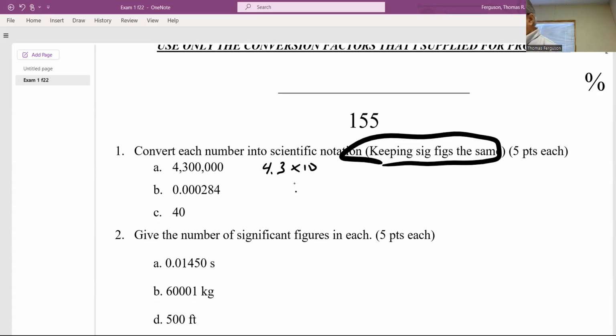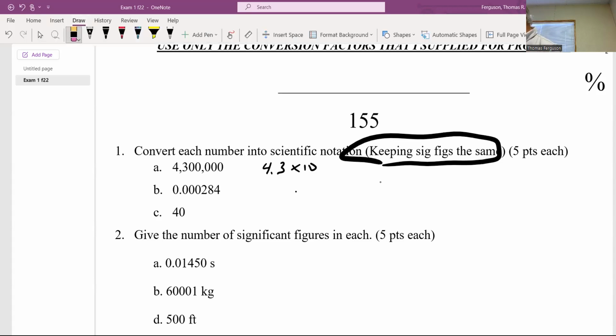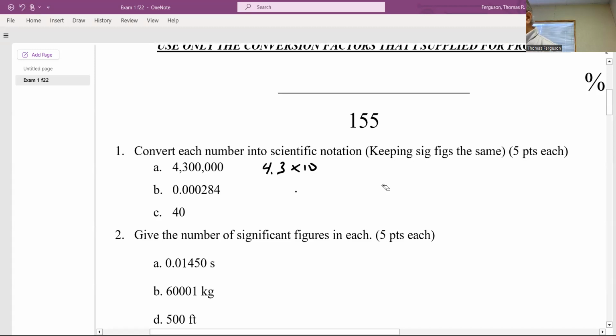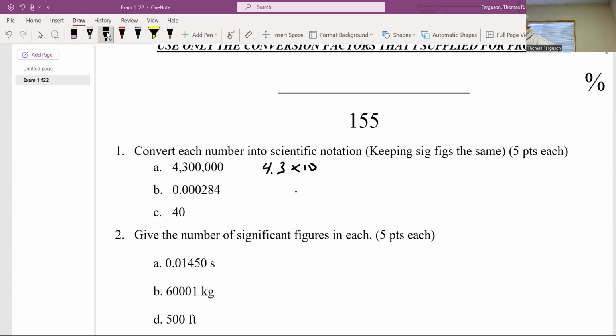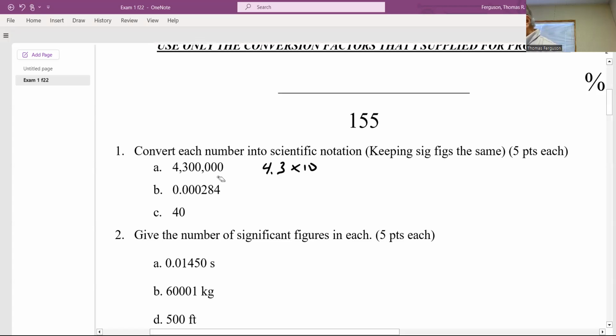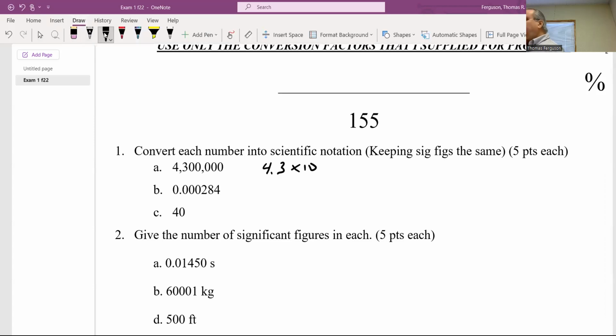Okay, so as you know, scientific notation is in 2 parts. First part is a number from 1 to 10. So we're taking this, converting it to 4.3. How many sig figs does this thing have? Two sig figs.